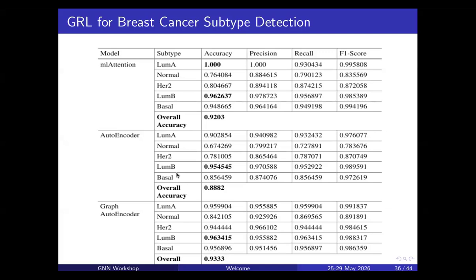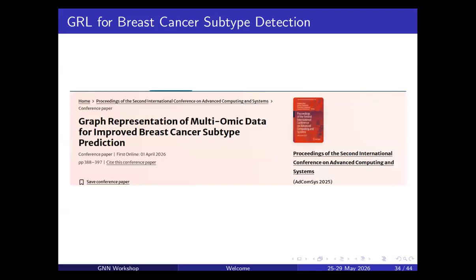The subtype classification is based on the severity of the cancer type, how it progresses, or how it will impact. Like normal means it's normal. Luminal A is less spreading compared to the other ones. Many properties are there, so this subtype classification is based on their different histopathological properties.